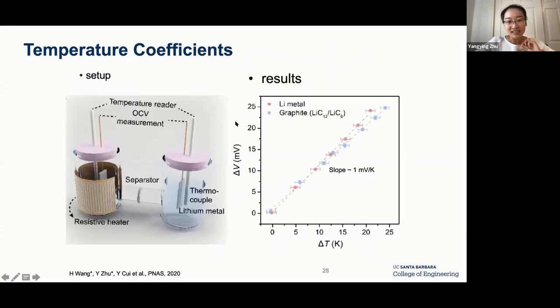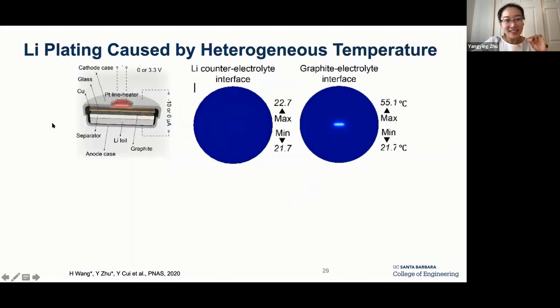And that is exactly what we see. We measured the temperature coefficient. Indeed, the equilibrium potential of lithium increases with temperature, about 1 millivolt per Kelvin. Then we did a very interesting experiment where we added a thin film platinum heater onto the backside of a graphite anode, and we controlled the heat such that the hotspot in the mid-center region is only about 50 degrees Celsius.